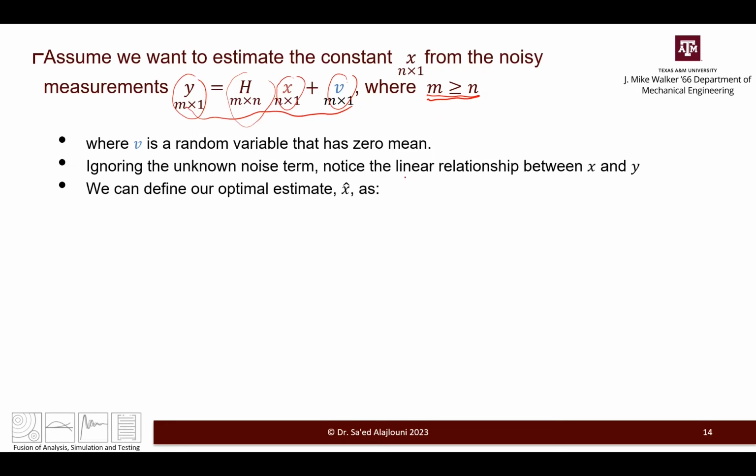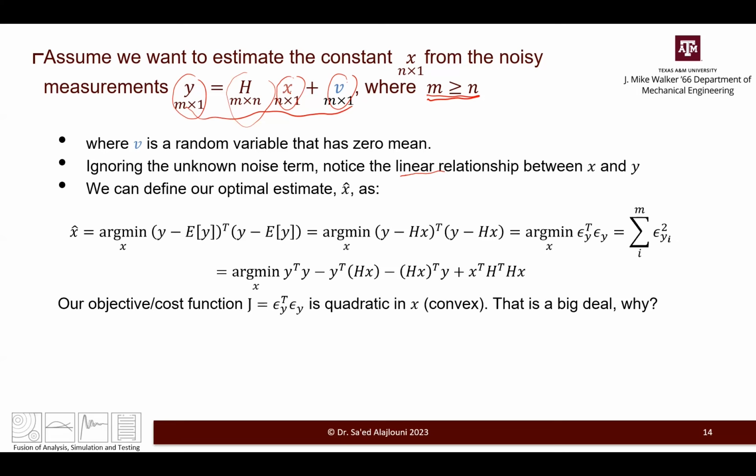Notice that if you ignore the noise, there is a linear relationship, obviously, between y and x. And we can define our optimal estimate, x hat. Now, I already said it: for optimal estimation, we need to define a cost function. Our estimate is the argument that minimizes our cost function.